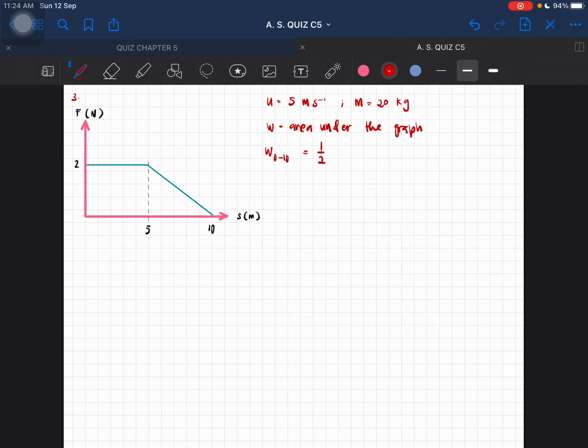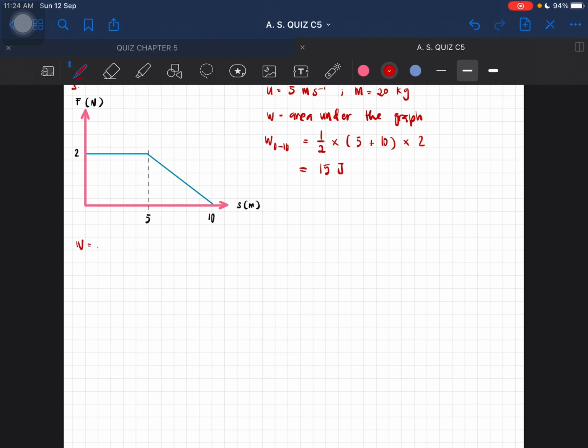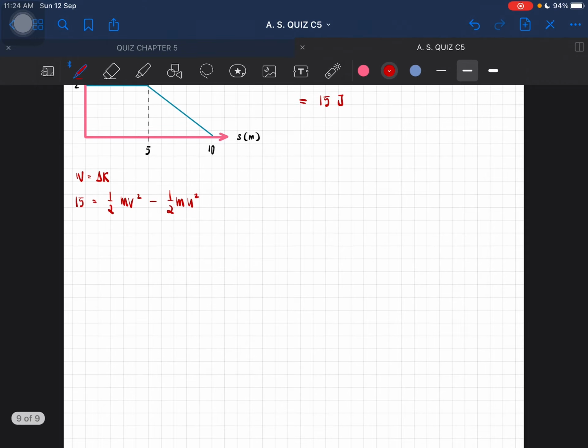So this is a trapezium, so we can solve this by using the trapezium formula. Okay, so the work done is equal to 15 joule. Now we can use work equal to delta K, where work is 15, so this is half mv square minus half mu square.